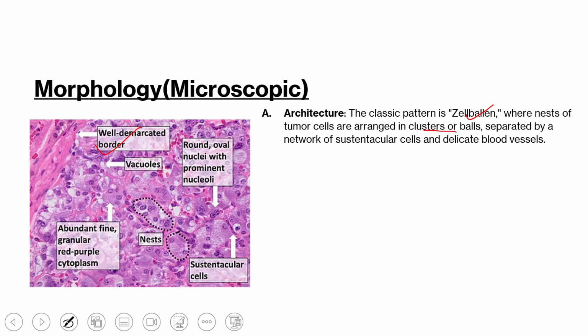We can see here they are arranged in clusters and balls, and these clusters of balls are surrounded by sustentacular cells. Delicate blood vessels also surround these zellballen nests present in the pheochromocytoma tissue.